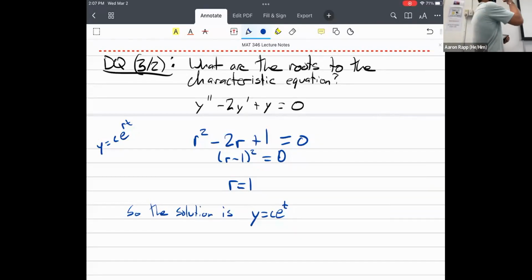If you plug that solution into the differential equation above, take its second derivative, subtract 2 times its first derivative, and then add itself, you'll see that it will add up to 0. So what questions do you have?